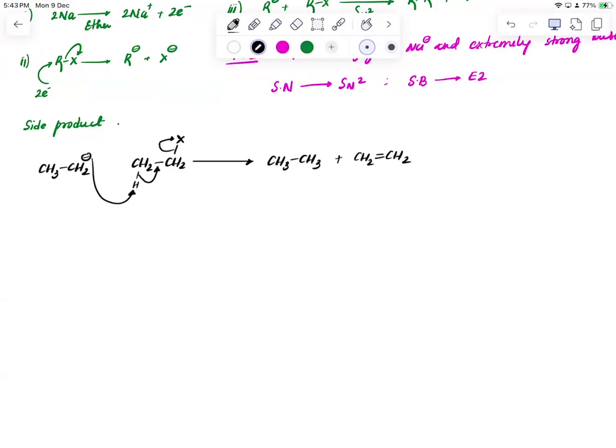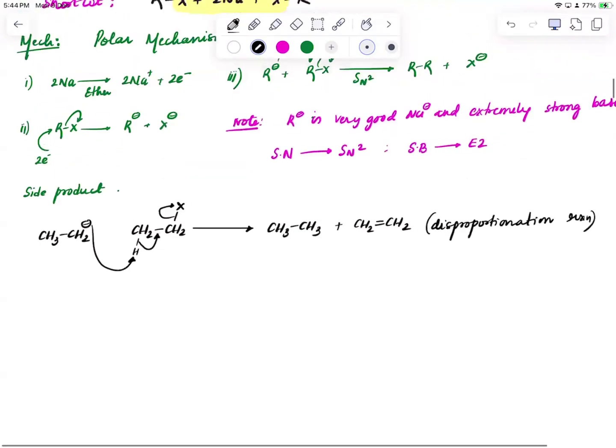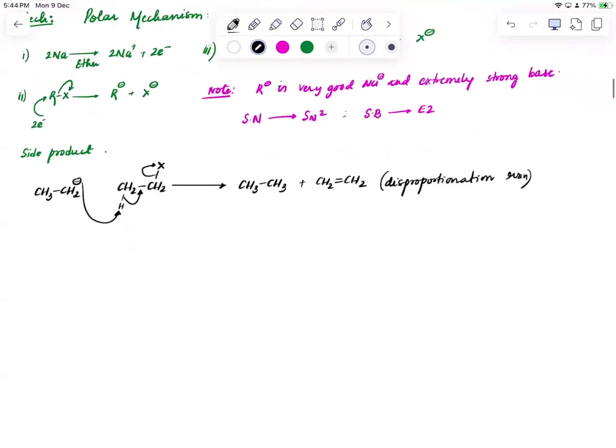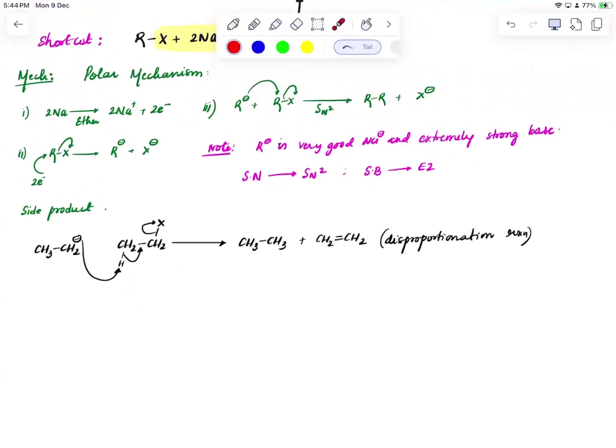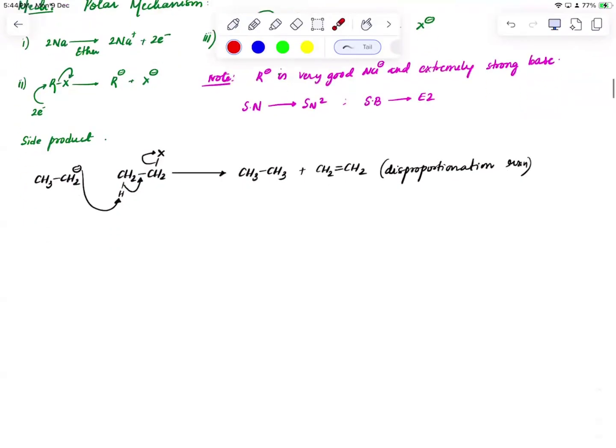This reaction where elimination is happening, getting a new product, is called a disproportionation reaction. So in Wood's reaction, you would notice that the side products are the disproportionated ones and the main products are substitution kinds. And this is via the polar mechanism.